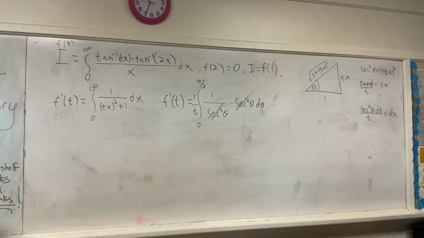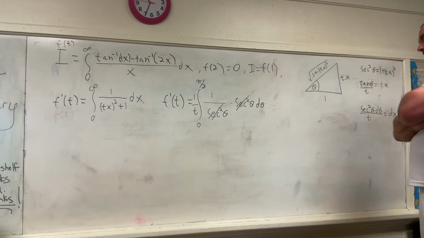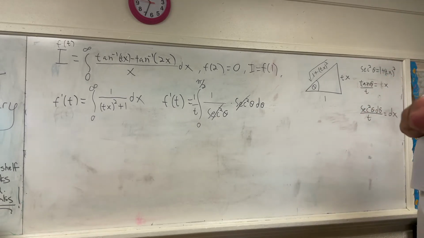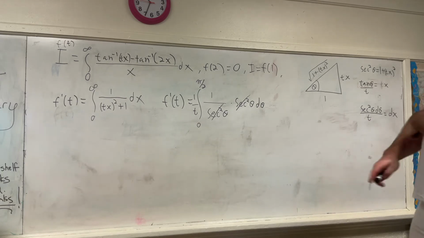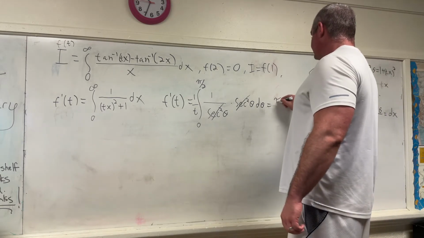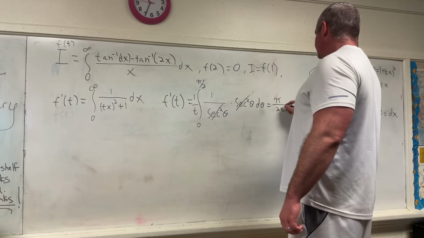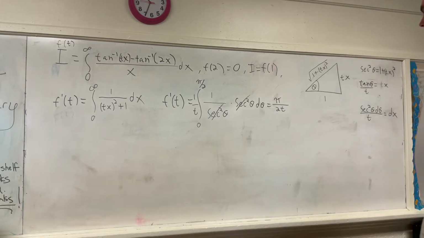So we're really left with f prime of t being equal to 1 over t times d theta evaluated from 0 to pi over 2, which is going to be pi over 2t. Okay, so great, we have f prime of t.